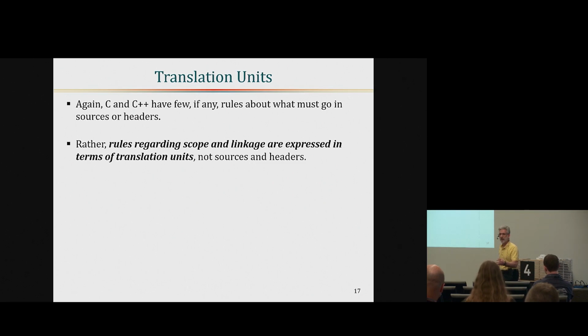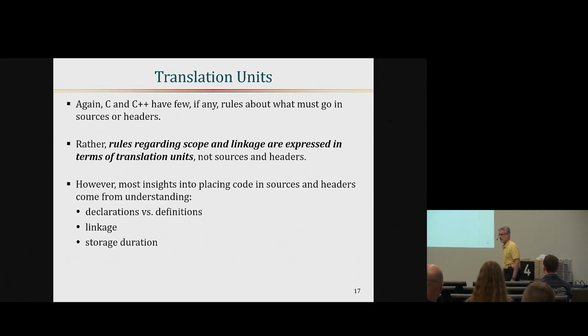But it still comes back to your understanding of what's going on affecting what you decide to put into a header and what you decide to put into a source file. Again, most of the insights come from understanding the difference between a declaration and a definition, a non-defining declaration and a defining declaration, linkage and storage duration. And that's where we're headed.